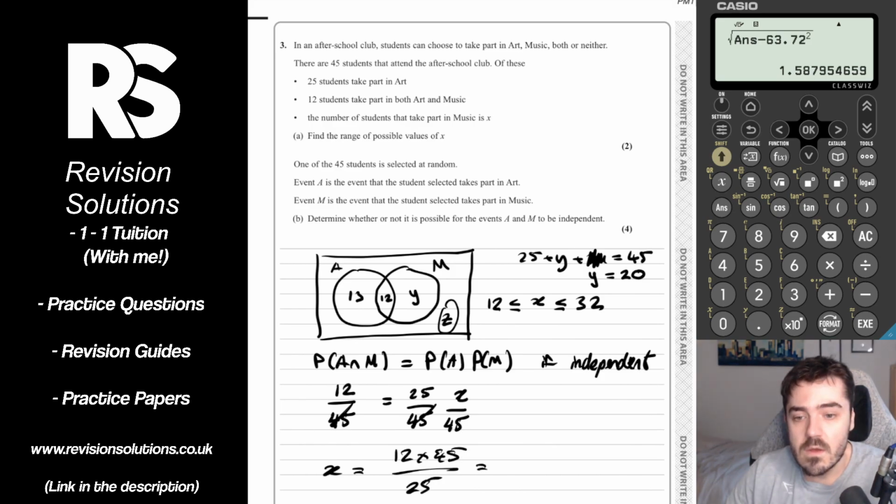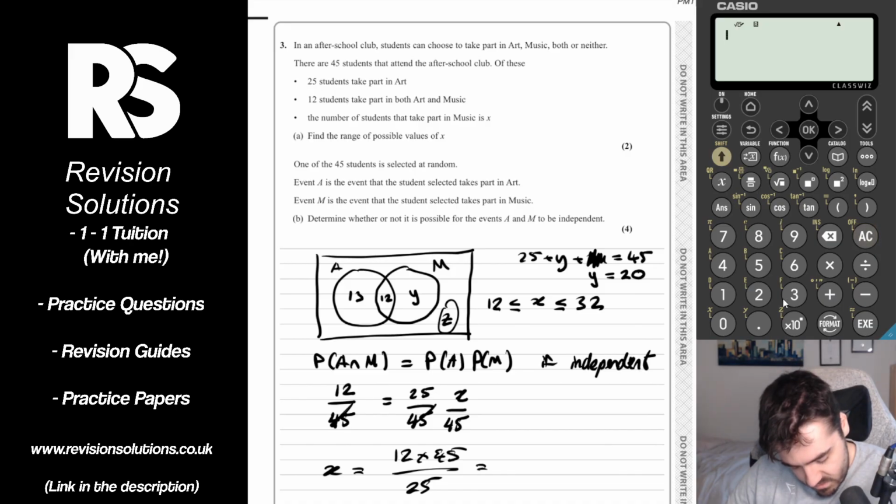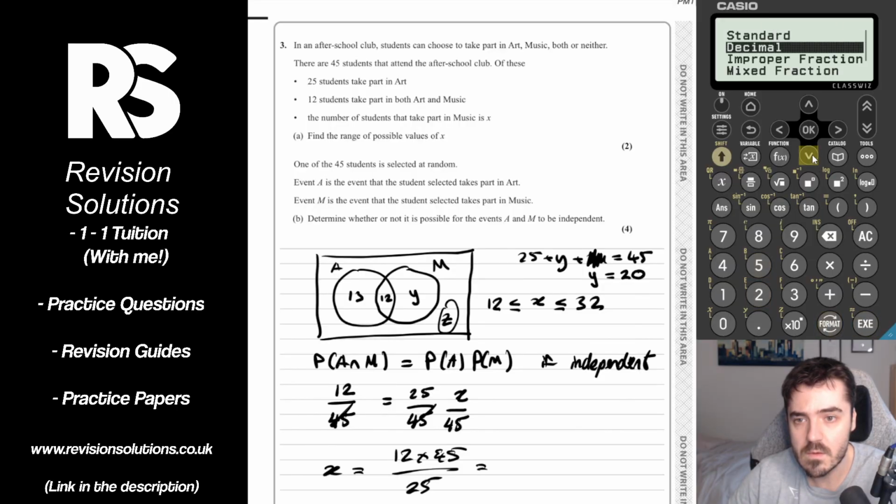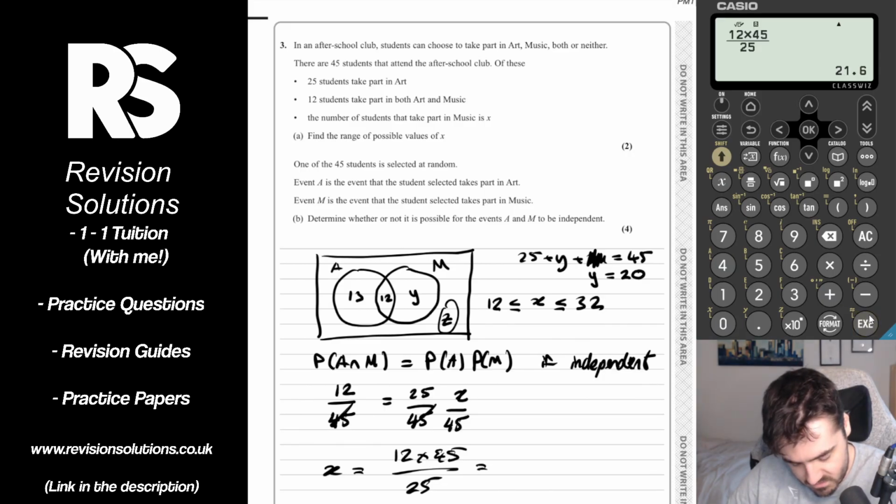So plugging that through the calculator, we get 21.6, which is in the range, but it's a decimal. So that doesn't make any sense, right?